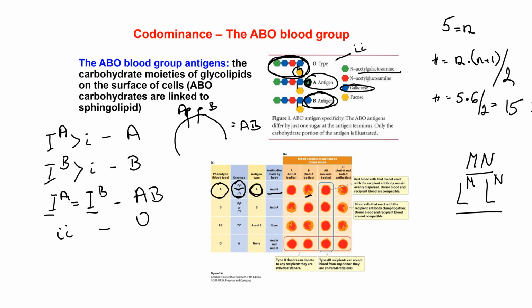So a person with blood group A can donate blood only to a person of the same blood group or AB, because AB has both A and B, so it does recognize A as its own. The same applies for B. B can be encoded either as homozygous or heterozygous, and it does trigger formation of antibodies if it encounters blood group A, because A is not self.